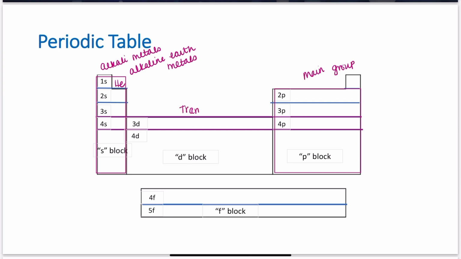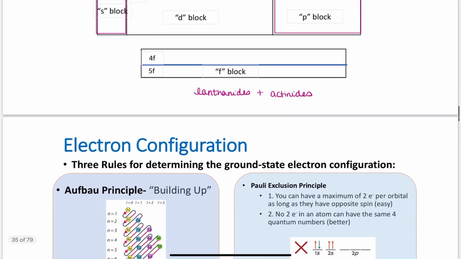Your D block is your transition metals. And your F block is your lanthanide and actinide series that we kind of forget is down there until we need those elements.